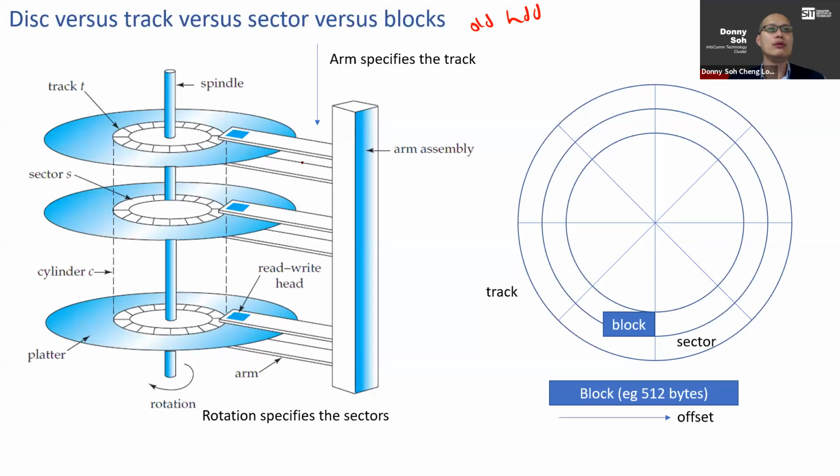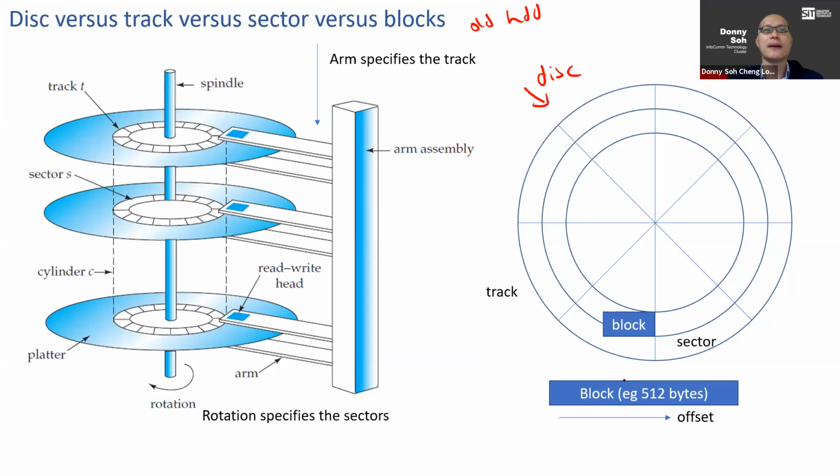In the old spinning hard disk memory, you have something called the disk. Let's look at the disk first. This is the disk. In the disk, there are many tracks. Every single circle here is considered to be one track.